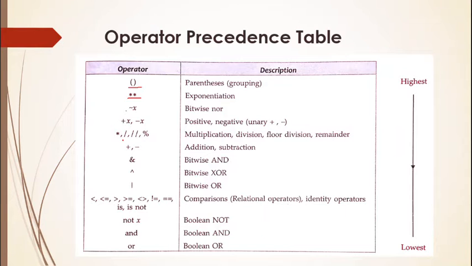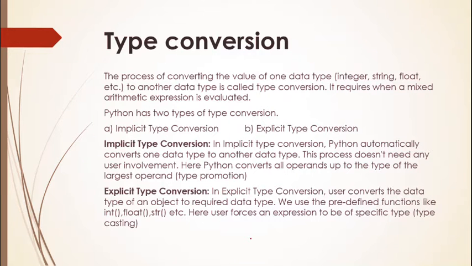And here addition and subtraction have less precedence than multiplication, division and remainder operators. Then again bitwise operators, then comparison operators, then the last one is the boolean operators. The priority of boolean operators is last. Okay, now come to the next page.